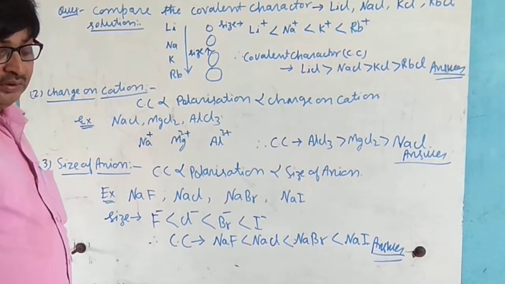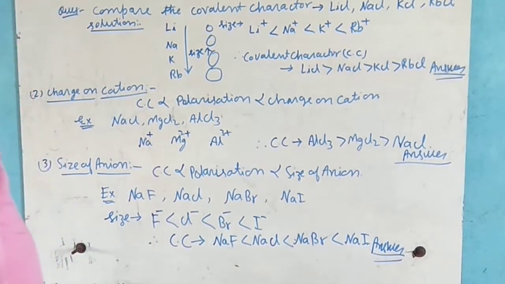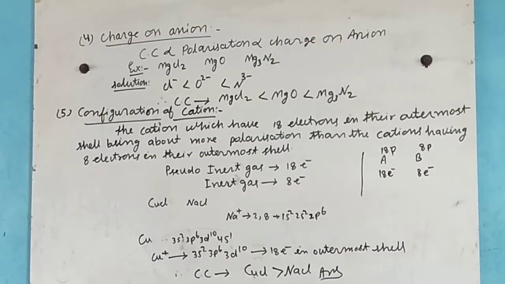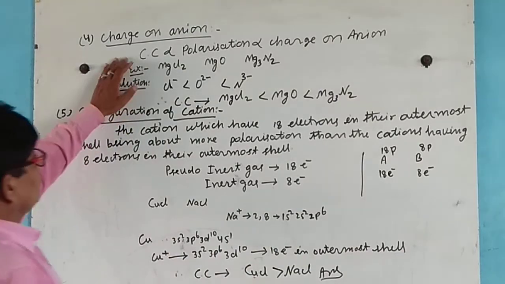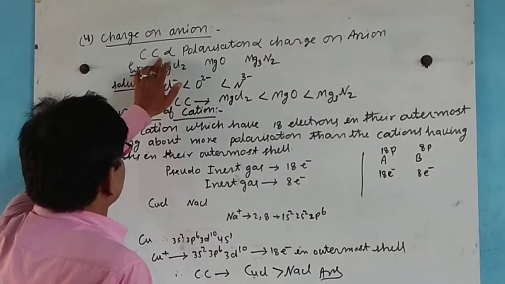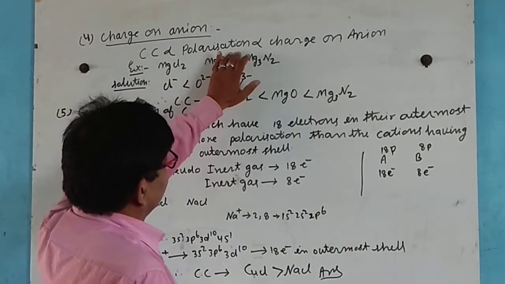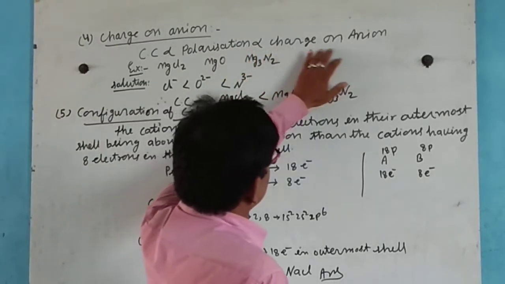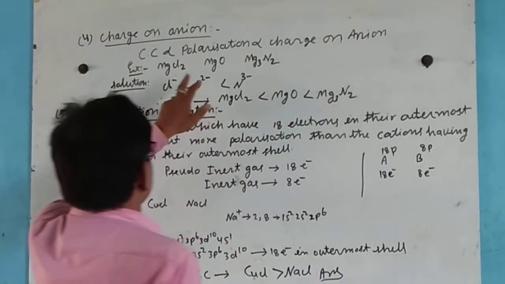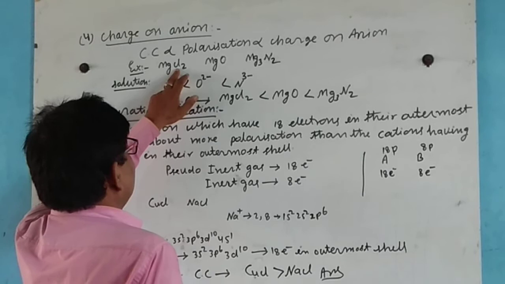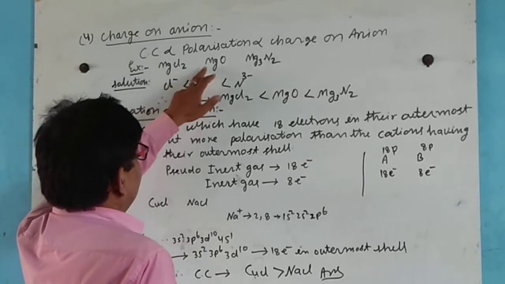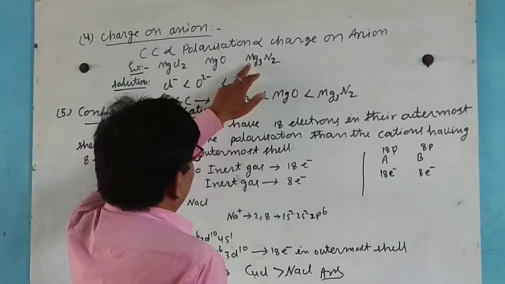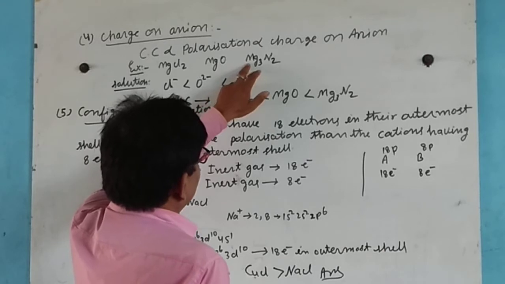Now we take charge on anion. Covalent character is proportional to polarization, proportional to the charge on the anion. Anion has negative charge. Here the example is magnesium chloride, magnesium oxide and magnesium nitride.